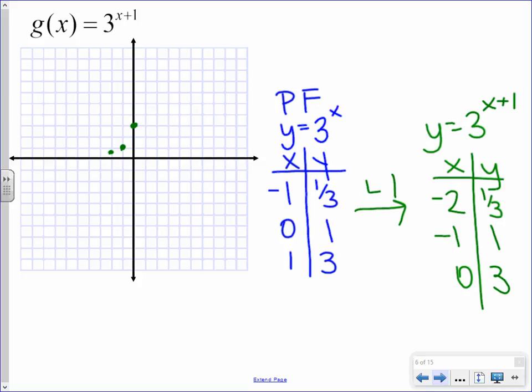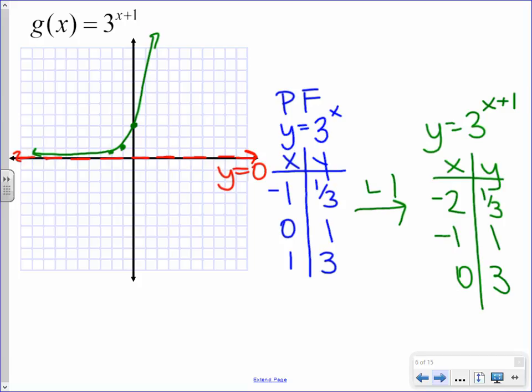Where is our horizontal asymptote? It remains at y equals 0. If there is not a vertical shift, then it is not going to move. Okay. Think about the parent function, those 3 points, and shift them.